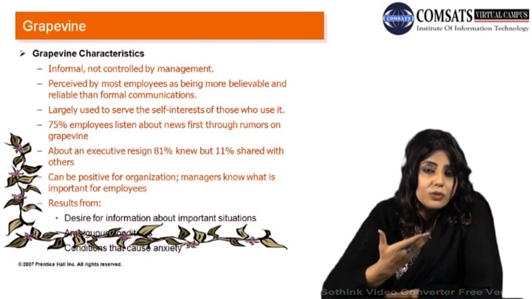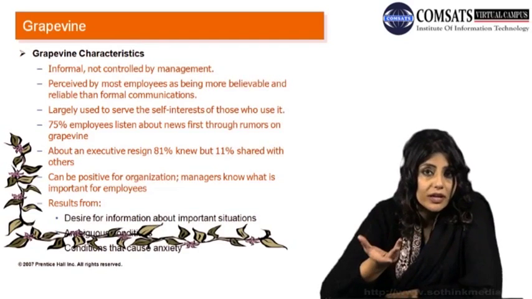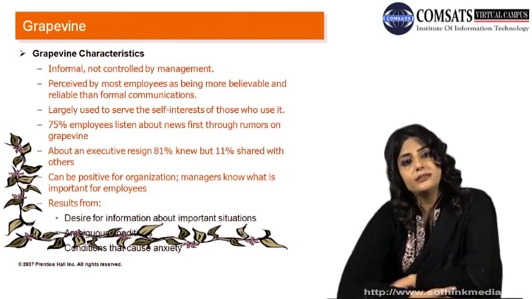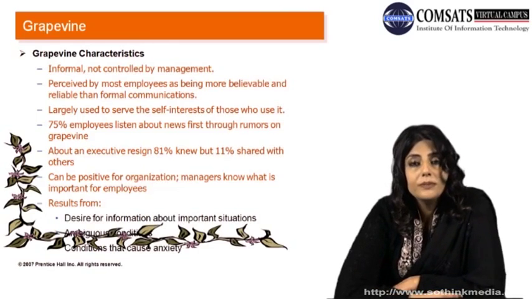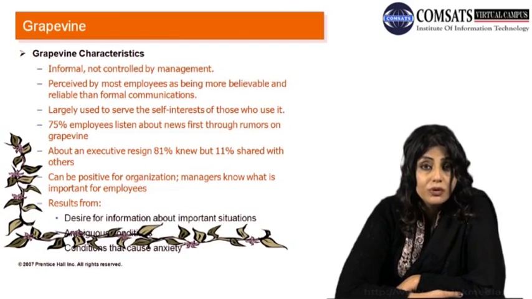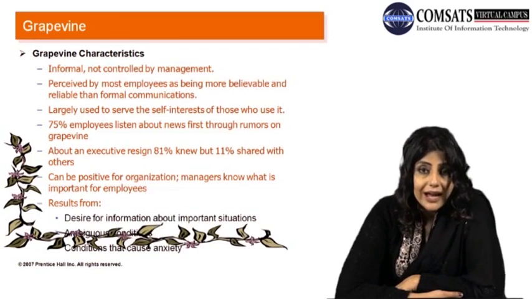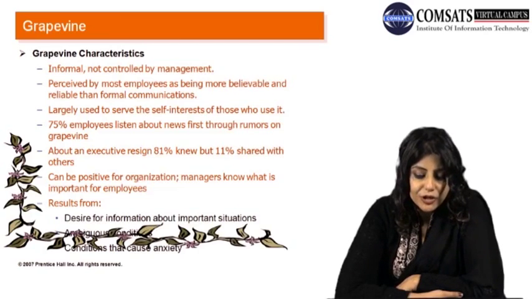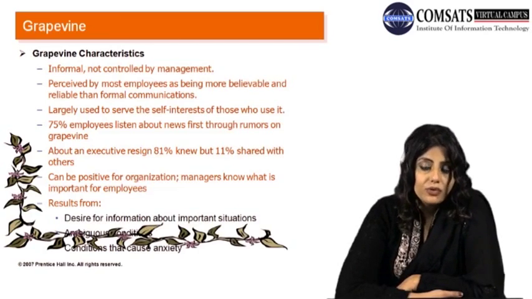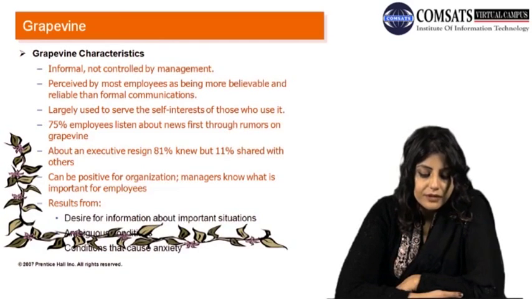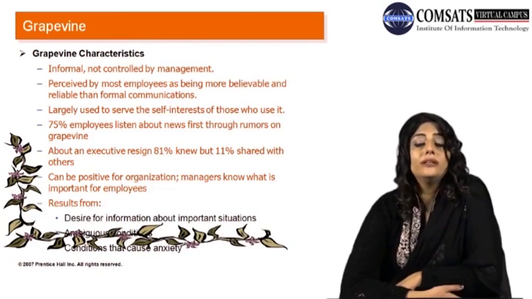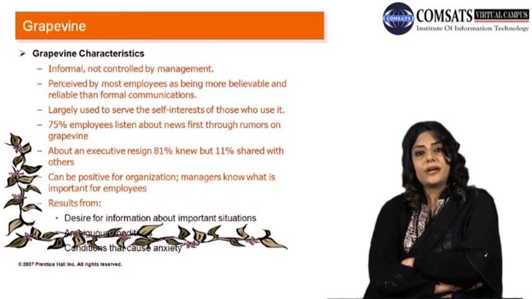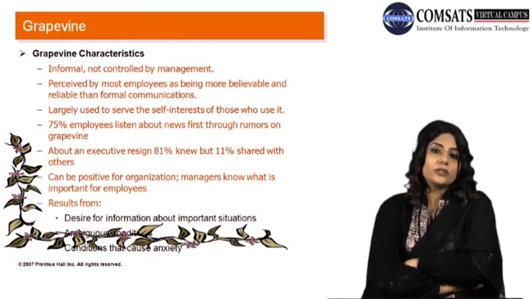Employees enter into these rumors or the grapevine when there is a certain area or problem in the organization, or there is a certain decision that the organization has to take which is really relevant and important to you. You desire to get that information that is important for you, and you are really anxious about it, but you're not getting that information, and then these rumors basically spread, and you get that information from this kind of source, which is the grapevine.